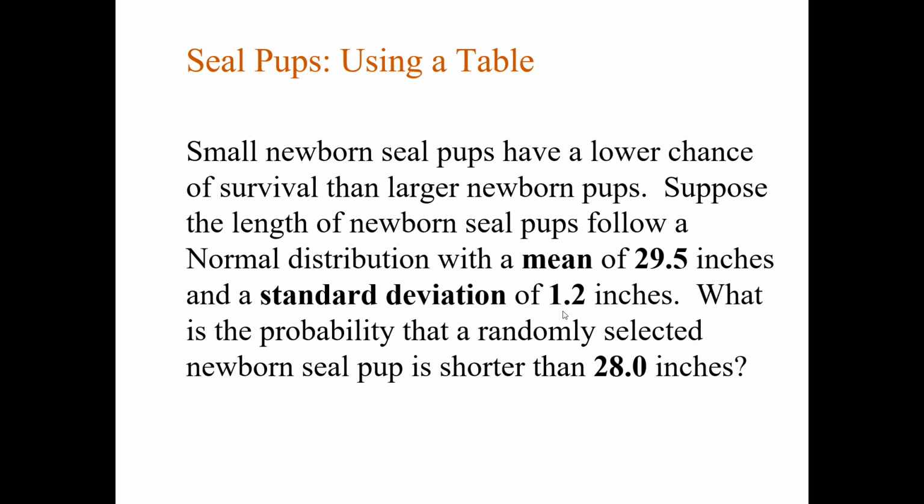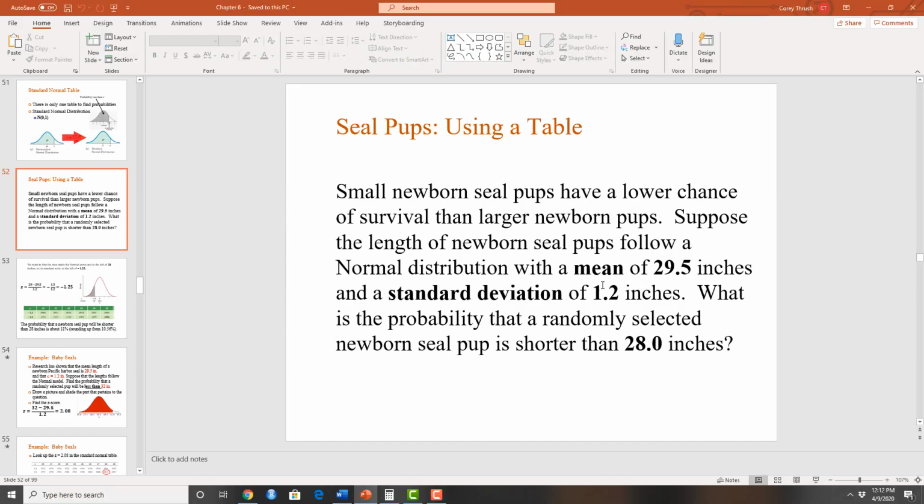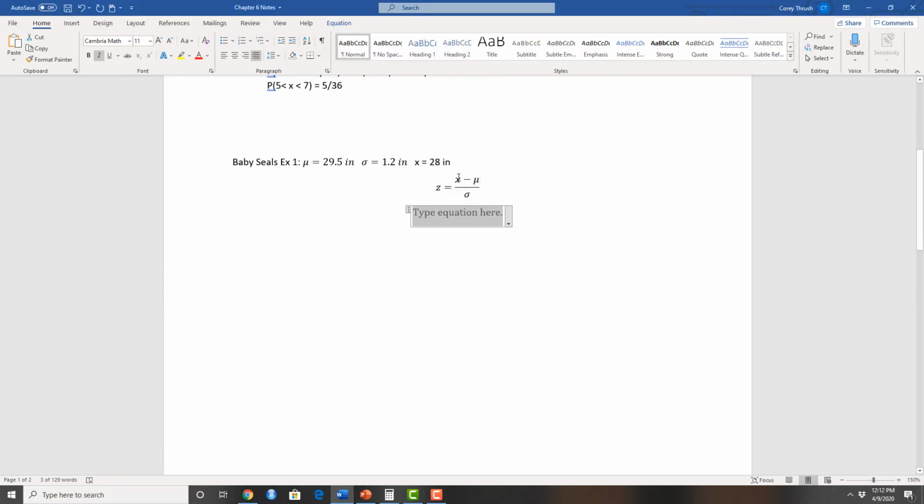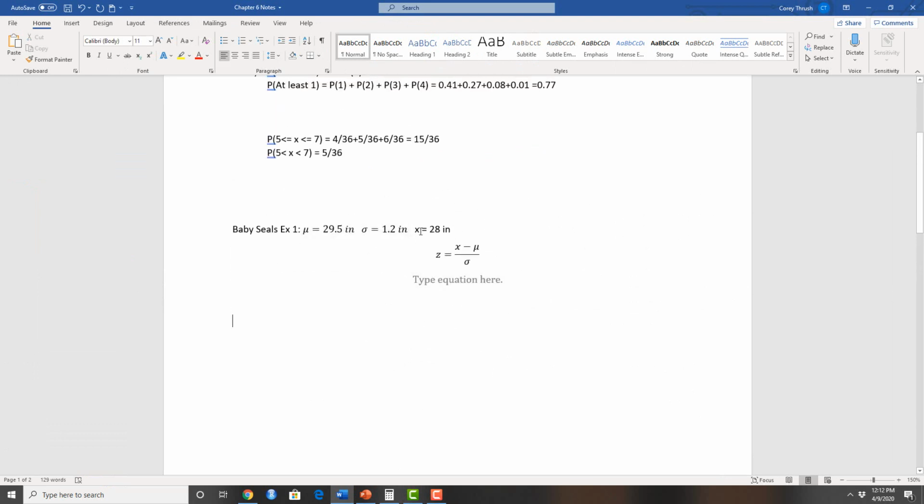Alright, so first of all, we have to standardize this. To standardize, we know that mu is 29.5, our sigma, the standard deviation, is 1.2, and what we're looking for is less than 28.